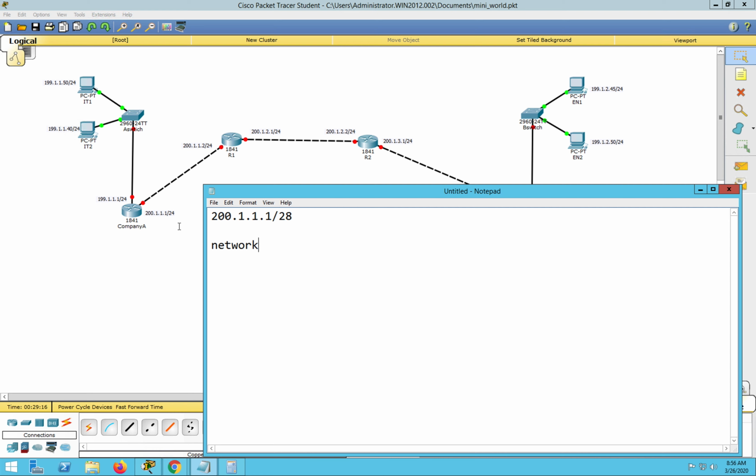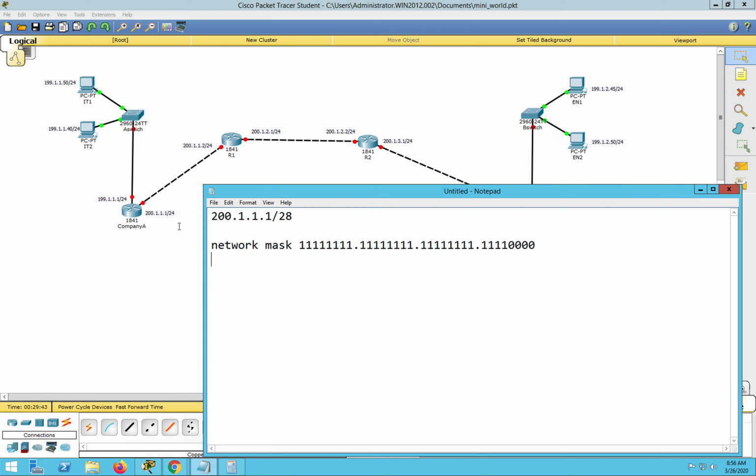This is going to be 28 ones. Let's count them out. 1, 2, 3, 4, 5, 6, 7, 8, 9, 10, 11, 12, 13, 14, 15, 16, 17, 18, 19, 20, 21, 22, 23, 24, 25, 26, 27, 28, and then 29, 30, 31, 32. There we go. That's what the network mask would look like in this case.